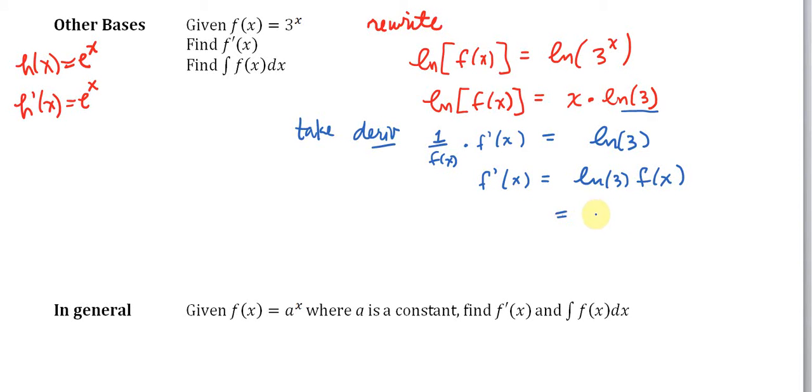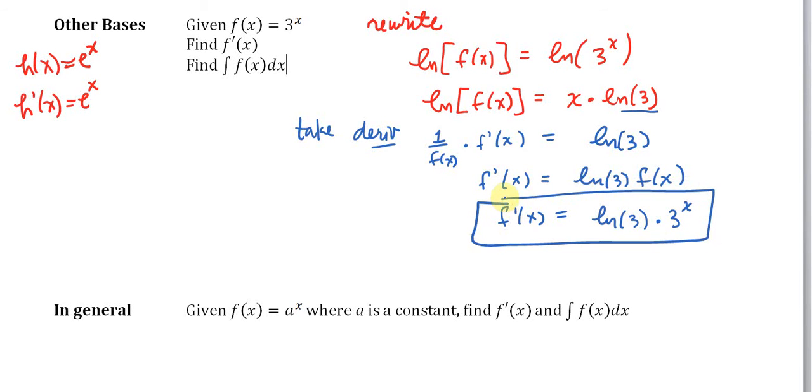This turns out to be natural log of 3 times 3 to the x. And there you have it. We figured out the derivative for the 3 to the x function. Okay, so this part of it is done.